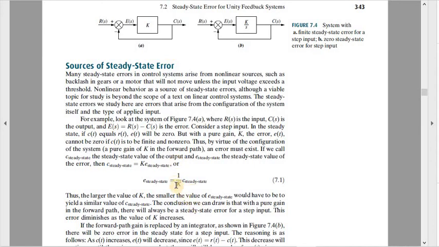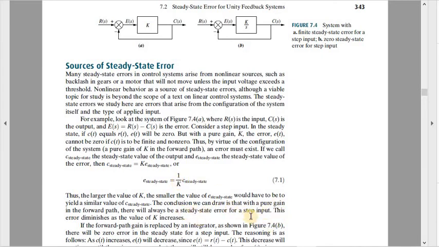Or in other words, we need some integrator. When we plug in the integrator, that will make the steady state error go to 0. That's why in the second case we have 0 steady state error. The larger the value of K in 7.1, the smaller the error, but it never goes to 0 unless K is infinity.